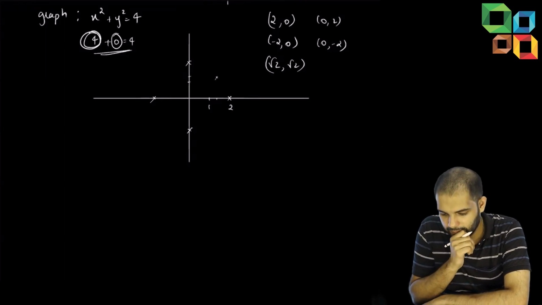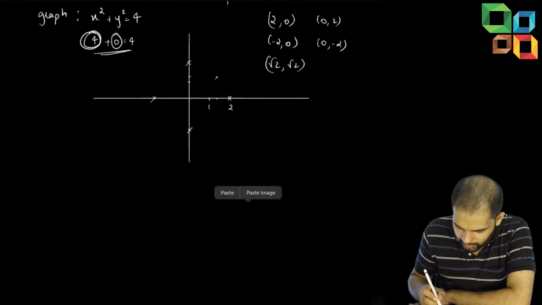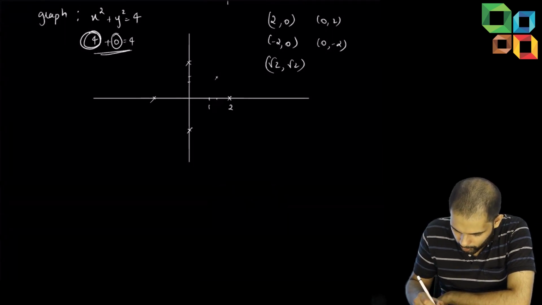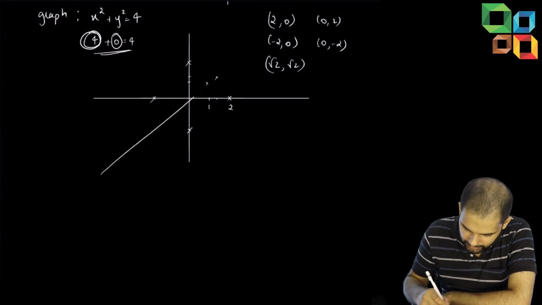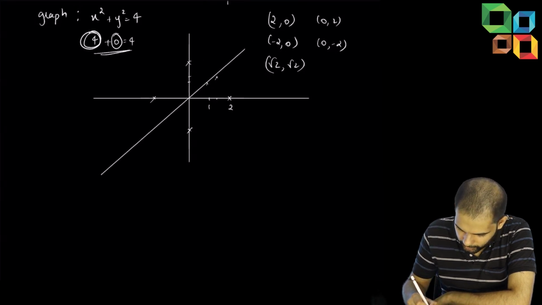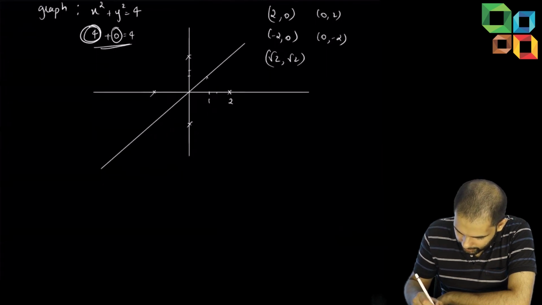One more justification I can have: say this is the point 1 comma 1 and this should be a straight line, something like this. I better extend it from behind. It should make 45 degrees. The point should lie on this line, right?